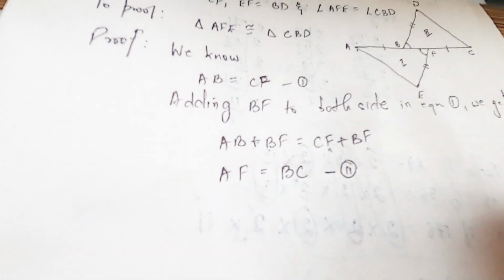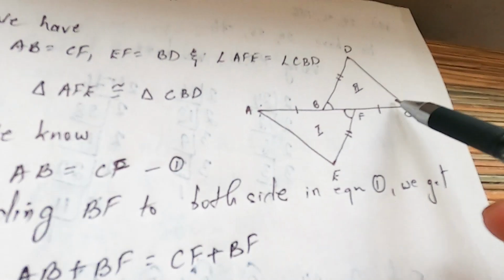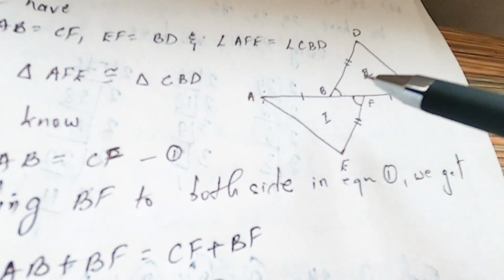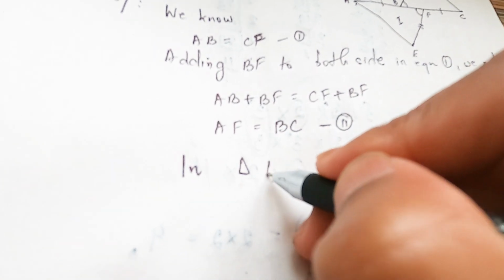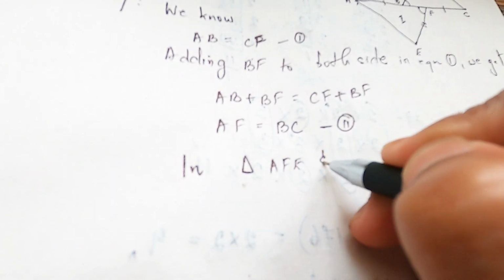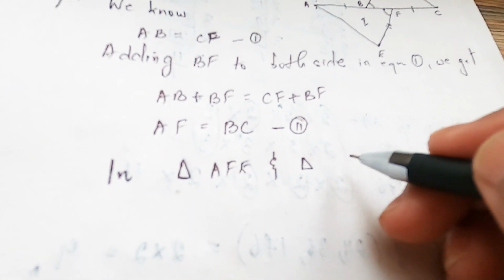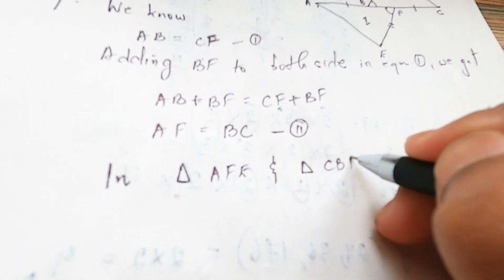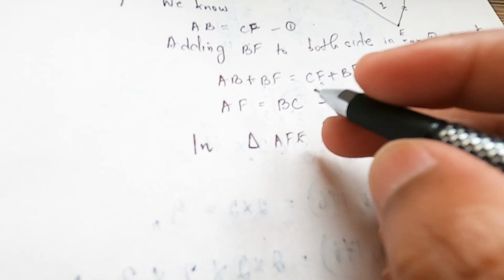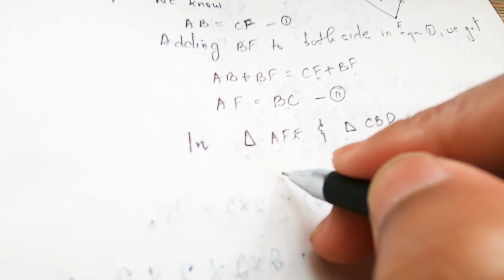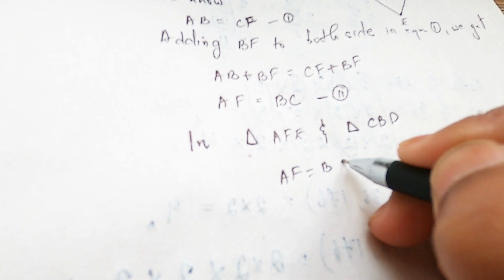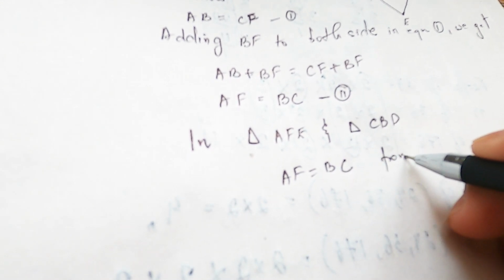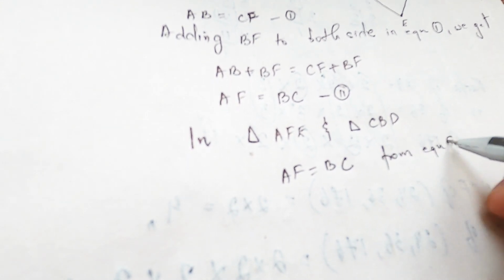So now since we have proved that AF is equal to CB, we can show that the two triangles are congruent. So you write in triangle AFE and triangle CBD, you will write AF is equal to BC here from equation 2.